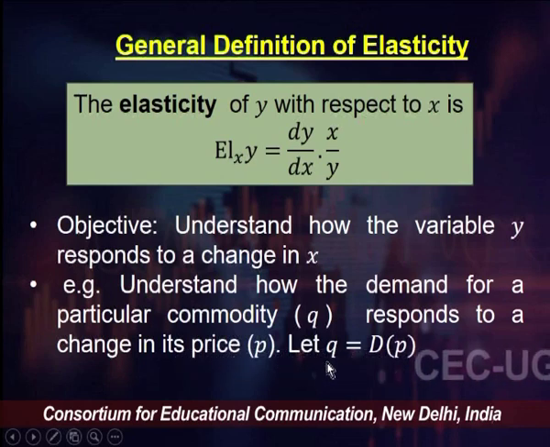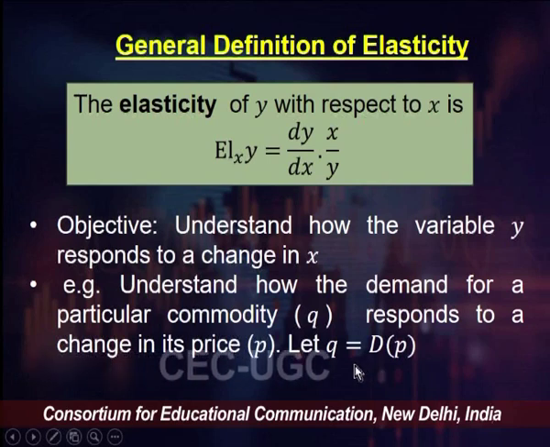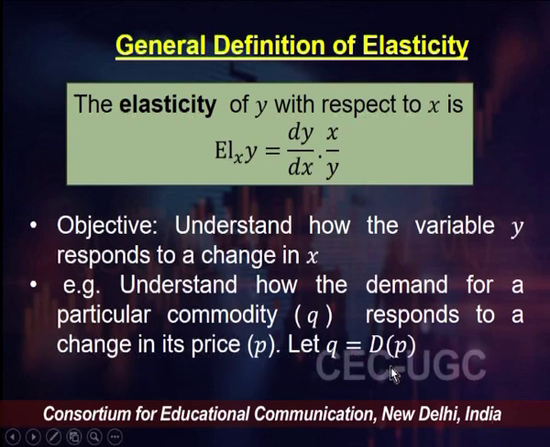So, I have my demand function, where the quantity demanded is a function of price. So, Q is a function d of P. Now, let us ask ourselves, how can we understand how the demand for a particular commodity responds to a change in its price.